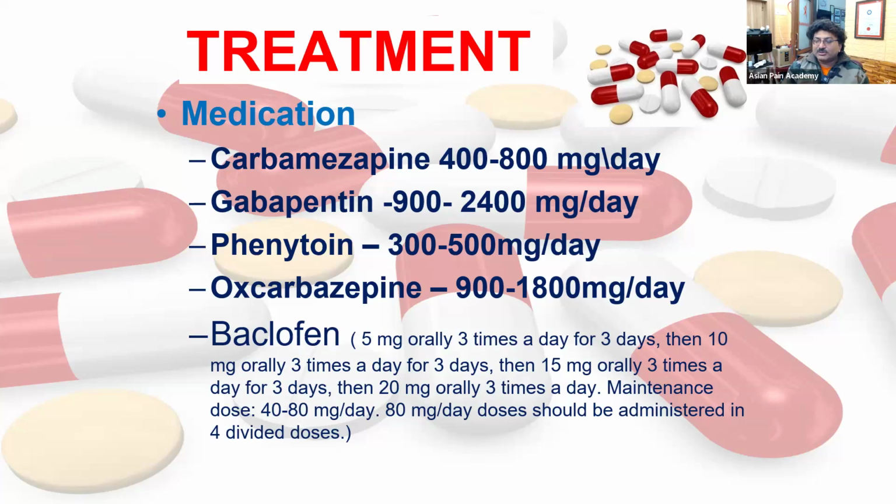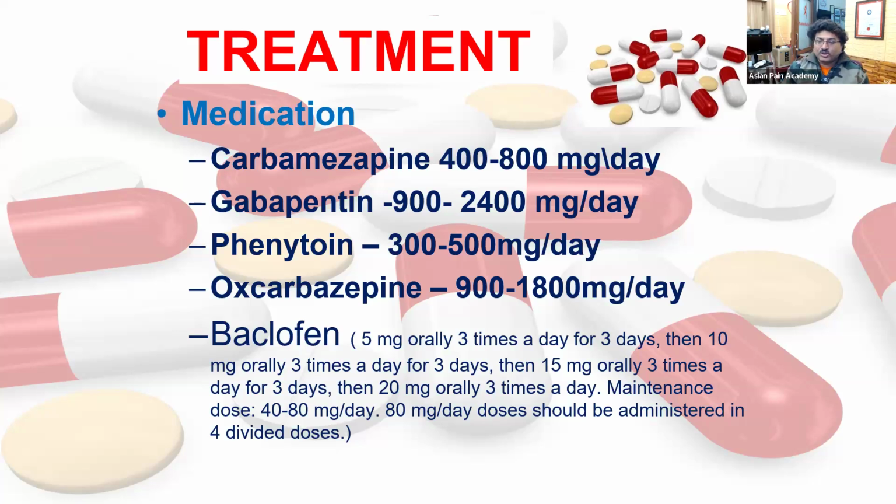If the patient is not able to tolerate carbamazepine, or it is causing excessive side effects, we can shift to oxcarbazepine. The usual starting dose is 150 milligram sustained release at bedtime, then gradually increase up to 900 milligram in most Indian patients. So these are the primary two medications with the highest evidence in trigeminal neuralgia.